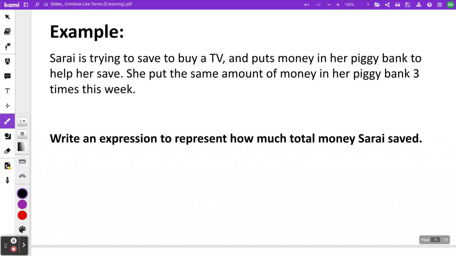Again, I'm going to ask you to pause the video and see if you can write an expression to represent how much total money she saved. Because we don't have all of the information in the story, there's going to be something you need here. Go ahead, try this problem now.